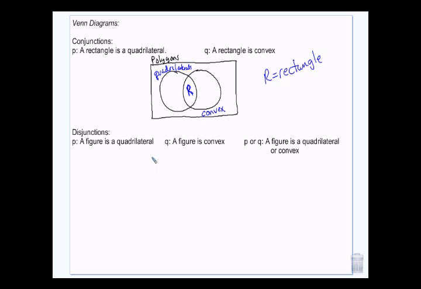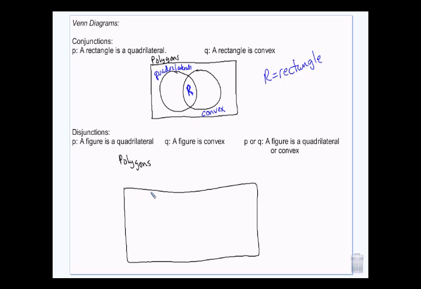we have the world of polygons again. So big, giant box of polygons. And we have quadrilaterals, and we have convex. Wow, that's not a very good picture.